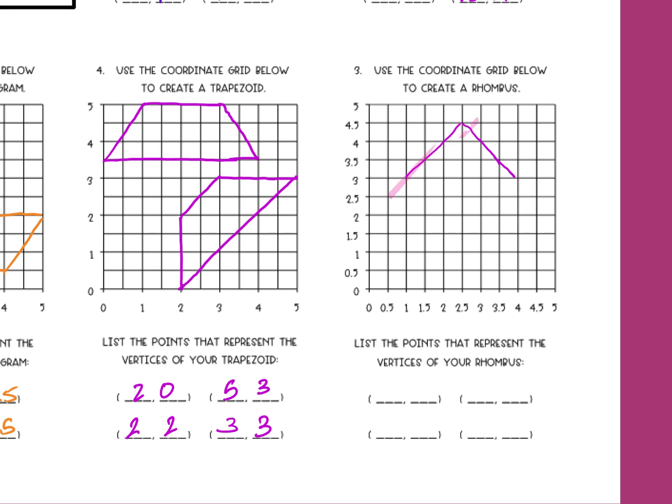I don't know if I can actually draw a rhombus on the coordinate plane and make it actually look correct. I could if my thing was bigger. If I had more space than 5, I could draw a rhombus, but I don't.